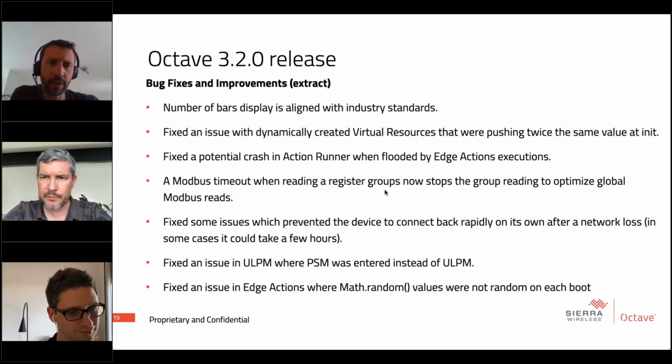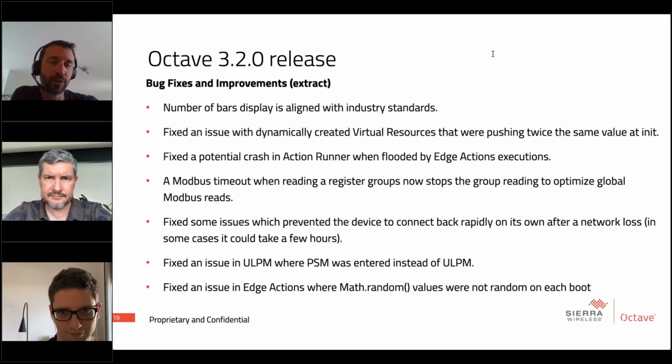Once again, an extract on bug fixes and improvements. I won't necessarily cover all of them one by one here, but just to highlight one: if you notice some changes in the signal bars that you see in the Octave UI, we're now aligned with smartphone industry standards, which was not the case before.